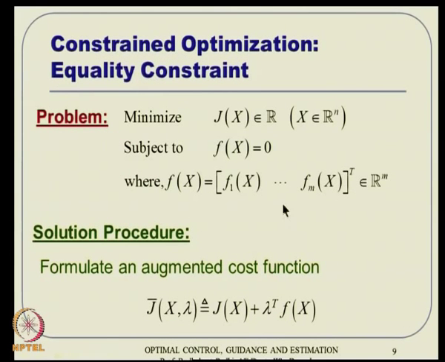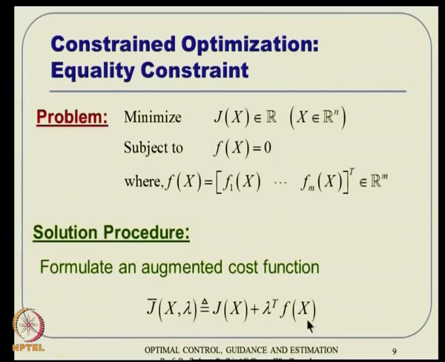Then we went to the constrained optimization problem, and we started with equality constraints. The cost function was scalar, x was still a vector, and the set of equality constraints f of x was m-dimensional. The solution procedure turns out to be J bar equals J of x plus lambda transpose times f of x.